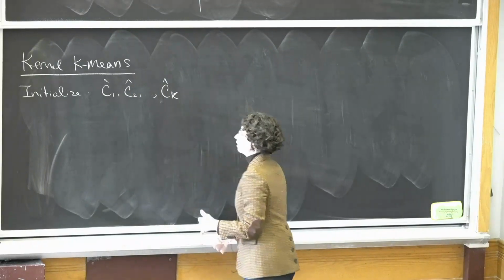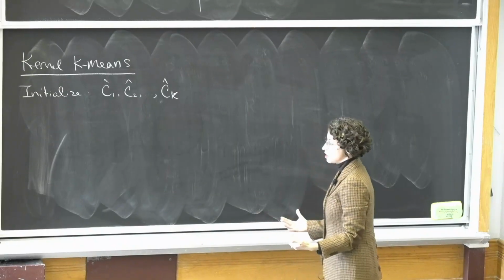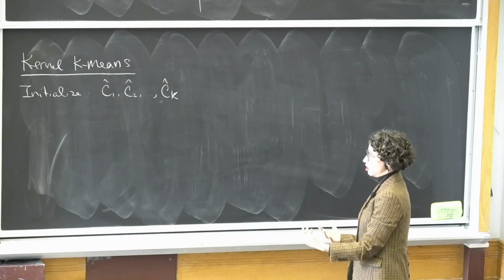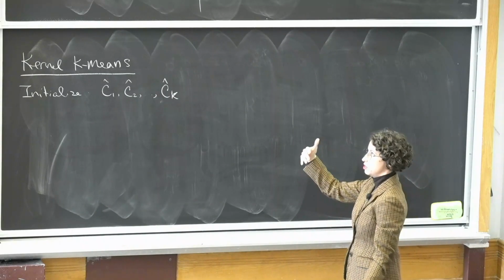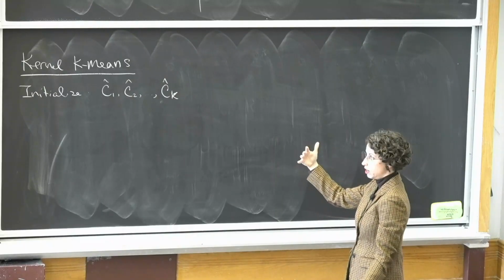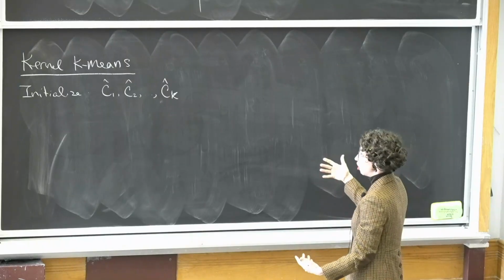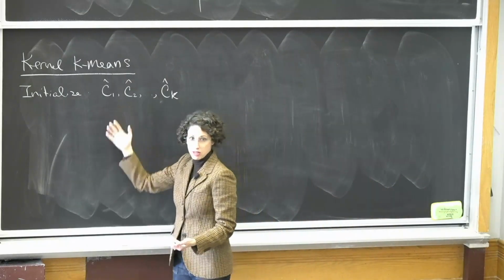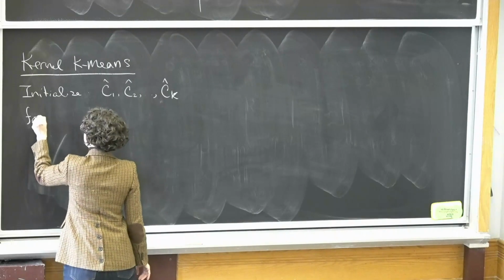Instead of initializing with cluster means, in part that's because I never want to have to calculate explicitly the cluster means, because they could be in this super high, potentially infinite dimensional space. So I might not even be able to write down explicitly what the cluster means are. And so instead, I initialize with some initial cluster assignments.